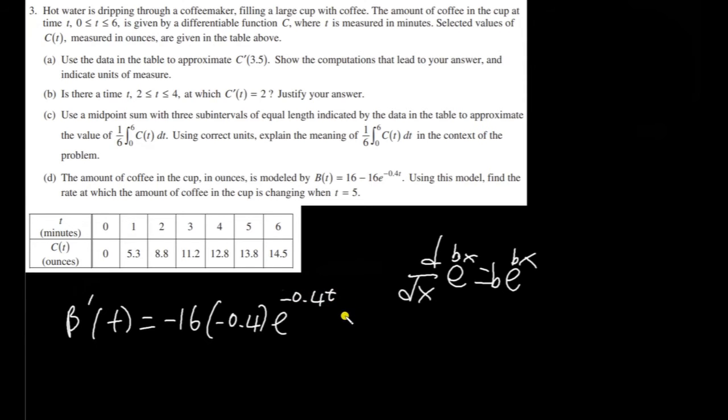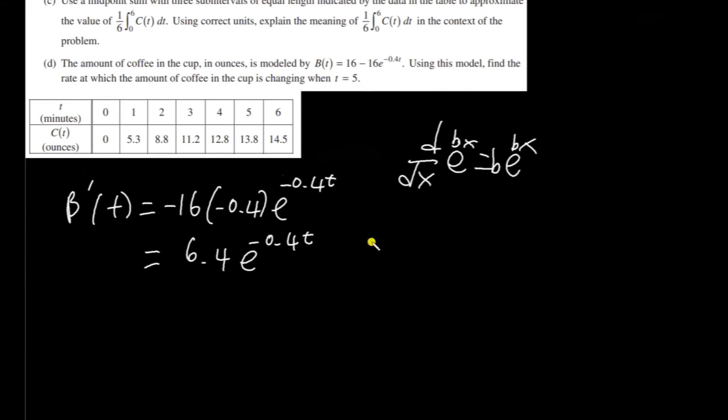Okay? What this is, negative 16 times negative 0.4. The negatives will cancel out, so we'll get a positive 6.4 e to the negative 0.4t. And we want to find B prime of 5.